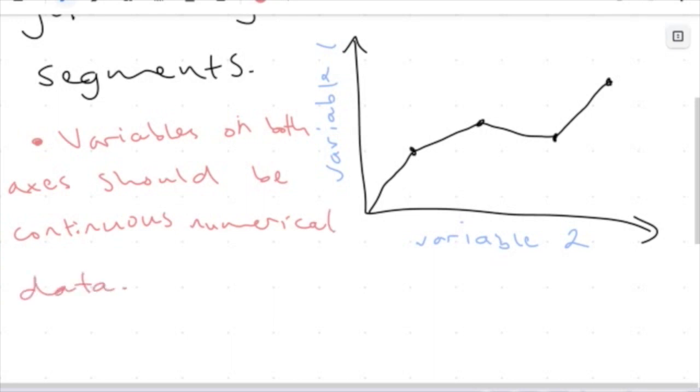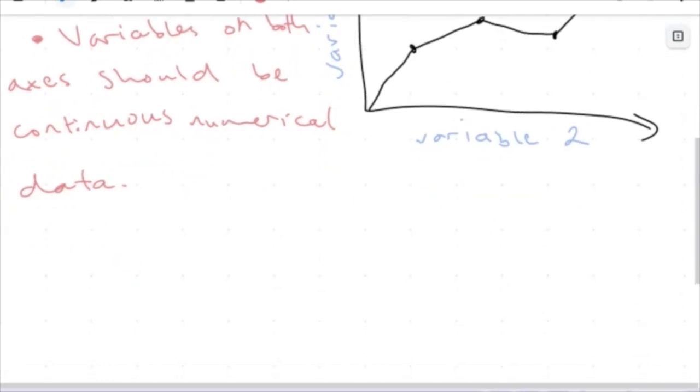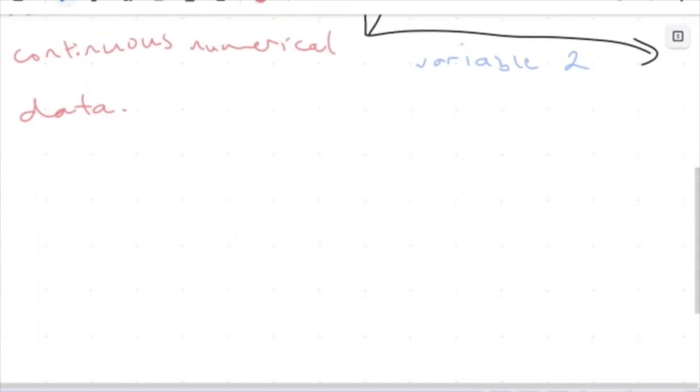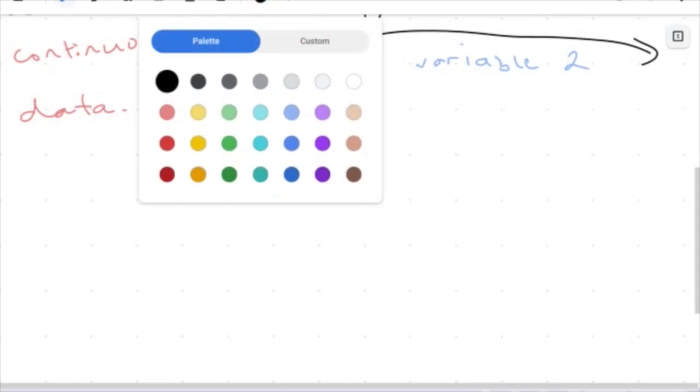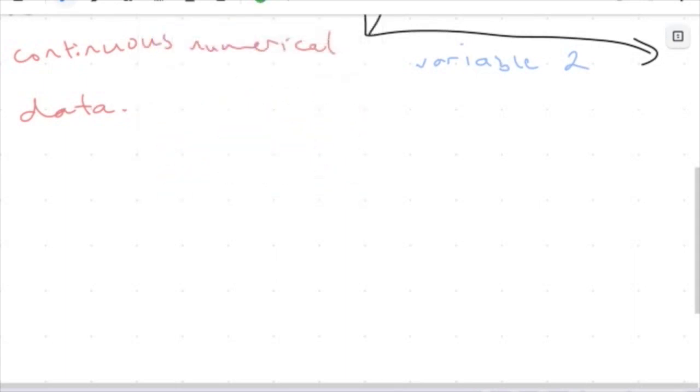This is a condition that we need for line graphs. The variables must be continuous numerical data. If we remember from our previous video, what's continuous data? This is data where the values are measured on a range, on a spectrum.